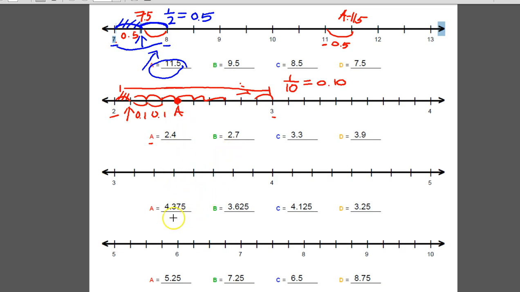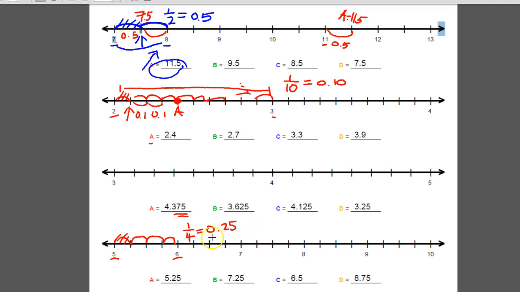Now then we come to this one. We're not going to do this one first. We're going to go down to the bottom first. Now this one again, between 1 and the next number, there are 4 gaps. So what is the value of 1 gap out of 4? 1 out of 4 in decimal is 0.25.